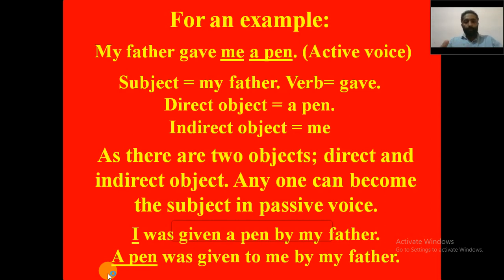The second example: A pen was given to me by my father. So this sentence has a direct and indirect object. Direct object is a pen, indirect object is me. So when there are two objects, direct and indirect, either can become the subject in the passive voice.